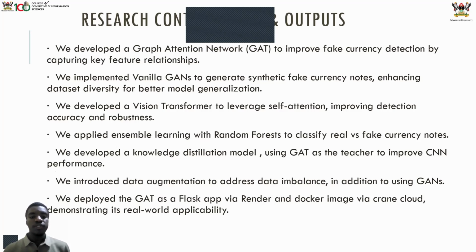We also developed vision transformers. Of course, these use patch detection, and it divides each image into patches. Then we also apply the ensemble. We combine different models to come up with classification, real versus fake notes. Then we also developed knowledge distillation, a student model versus a teacher model.